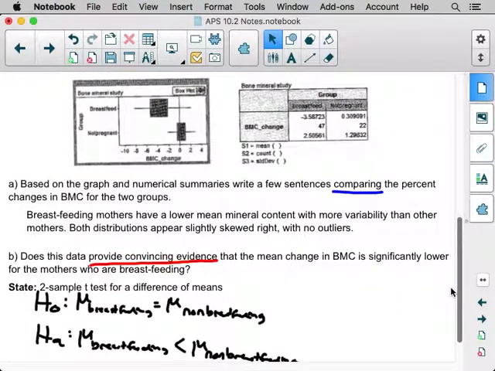Even though the sample sizes are too small, they already graphed it for us, right? So they saved us the trouble. Obviously, if they give us the graph, you don't have to do it yourself. But what I would say is neither sample size is at least 30. However, the given box plots of the sample data don't show heavy skewness or outliers.